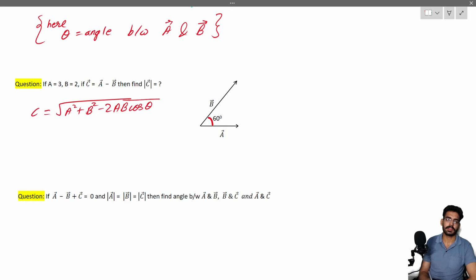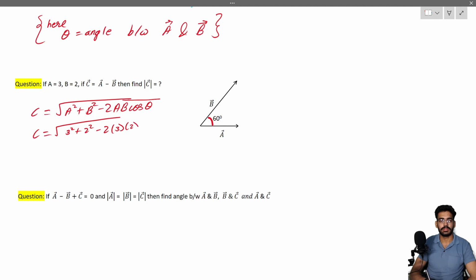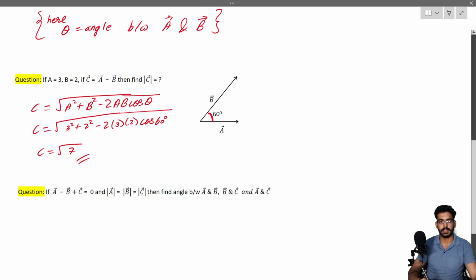Put the values: 3 square plus 2 square minus 2 into 3 into 2 into cos of 60 degree. If you solve, you get C equals root 7, the magnitude of C.